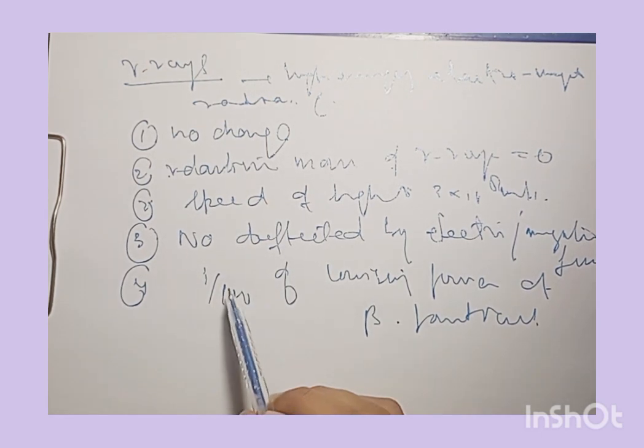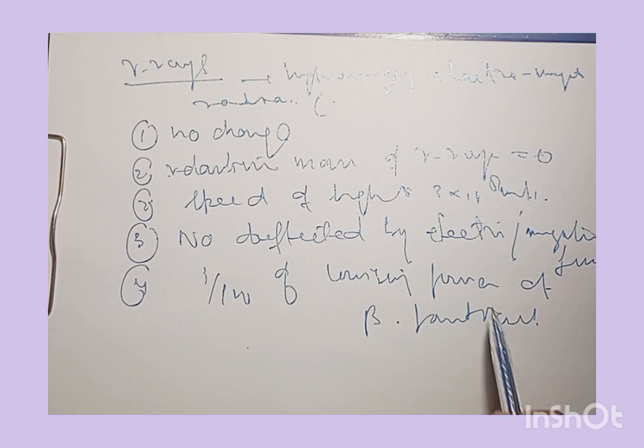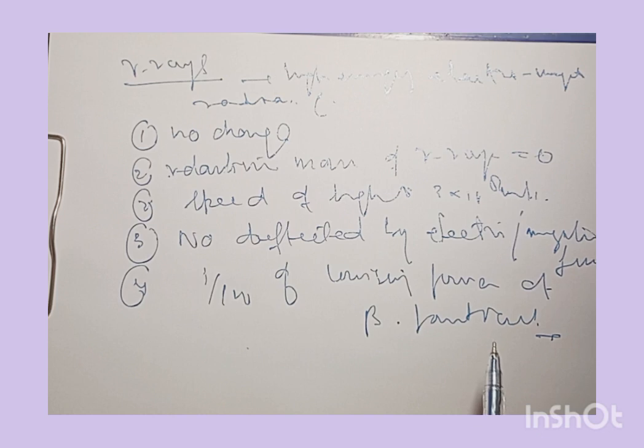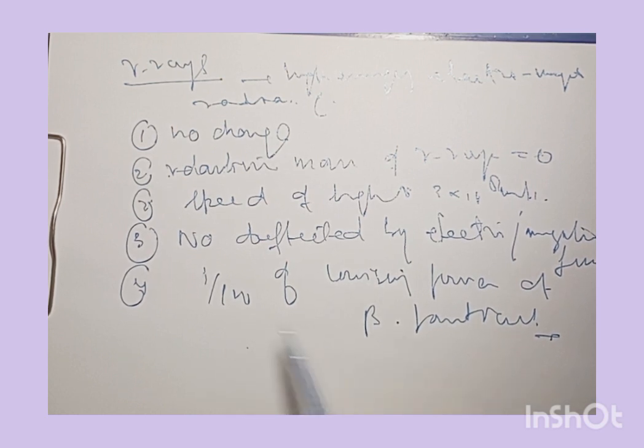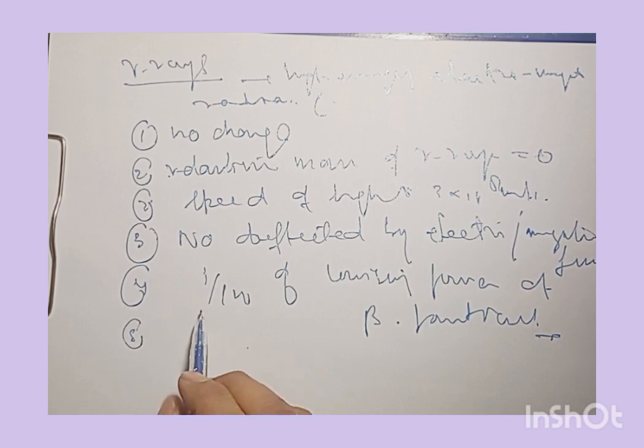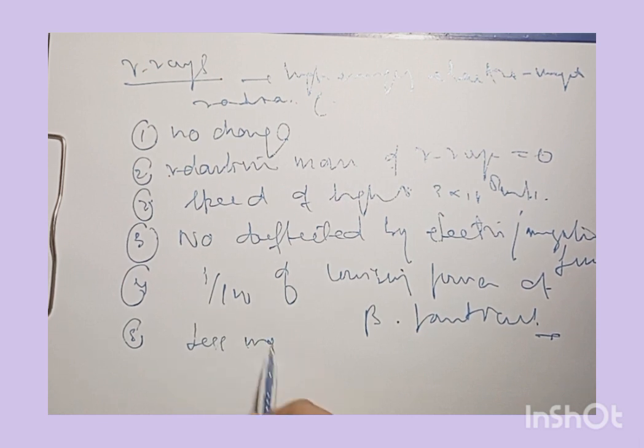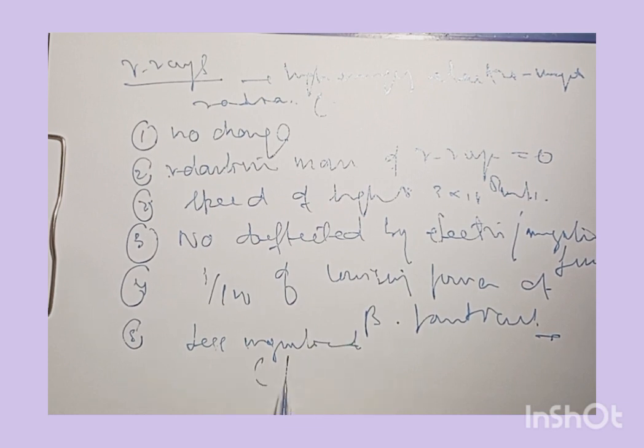I said it is 1/100th of gamma particles. That should be corrected. For beta particles, the ionizing power is nearly 1/100th of alpha particles, and for gamma rays, the ionizing power is 1/100th of beta particles. They do affect photographic plates, and they cause fluorescence, but in very small magnitude.